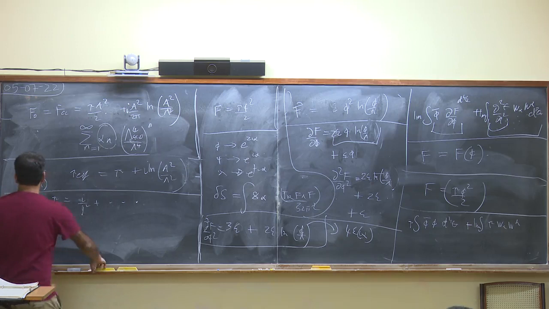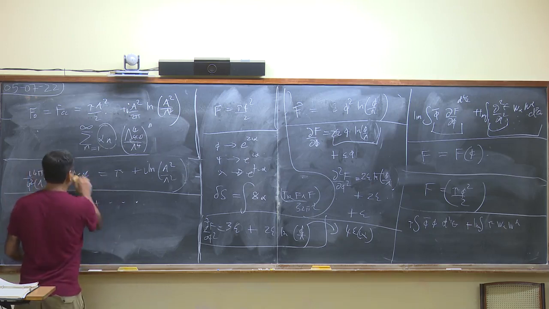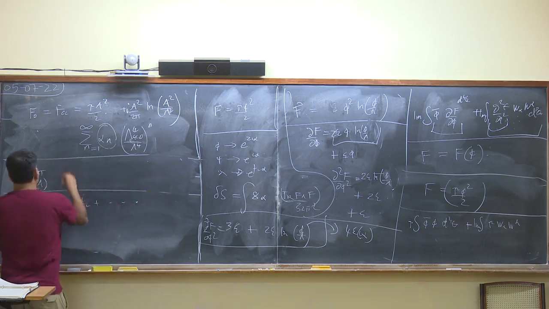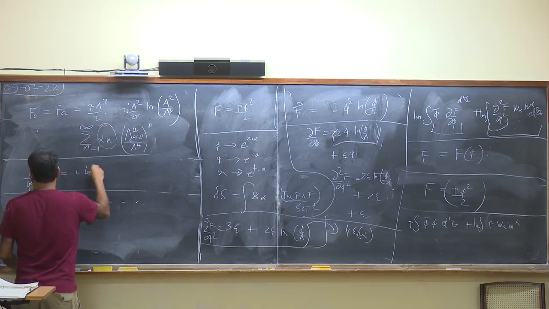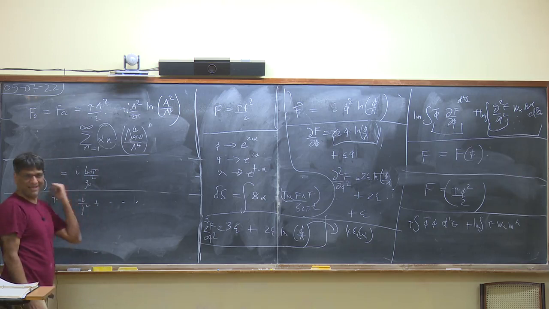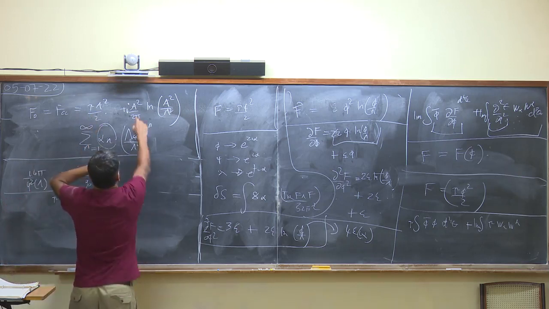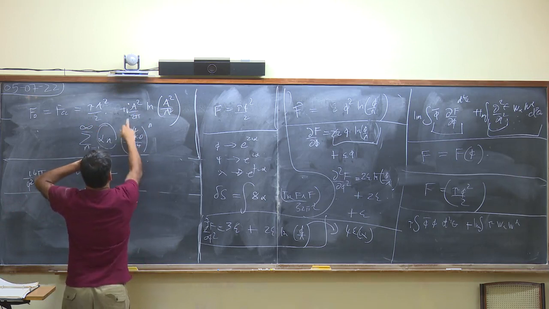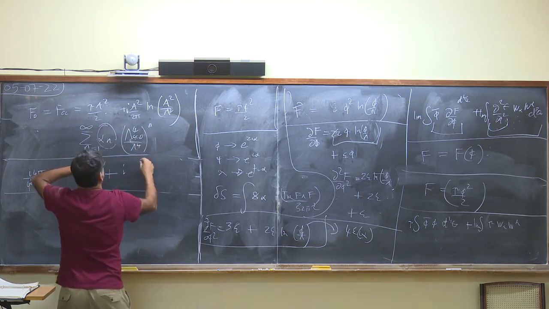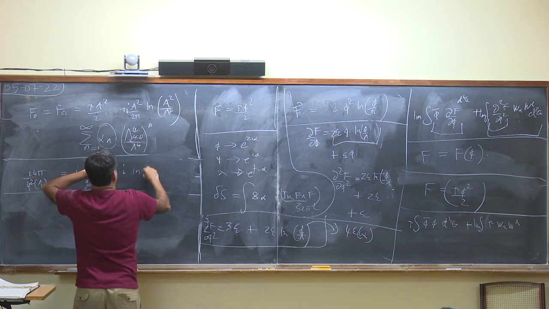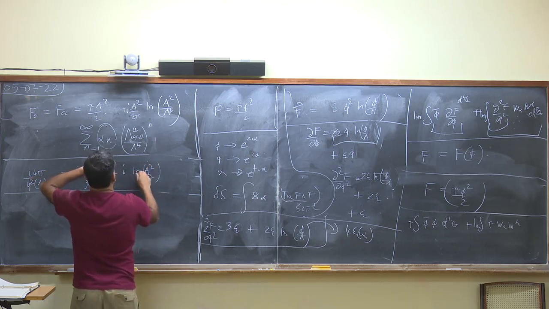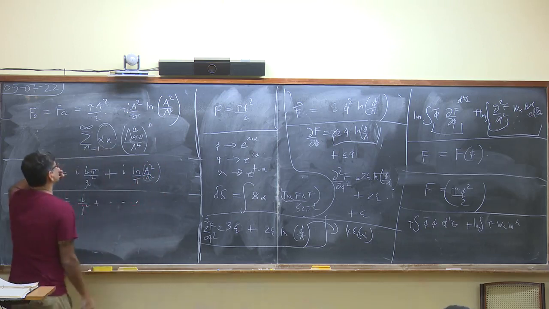I by 4 pi g squared of A is equal to I by 4 pi g naught squared, the bare coupling, plus I log A squared by lambda squared by pi, I suppose.